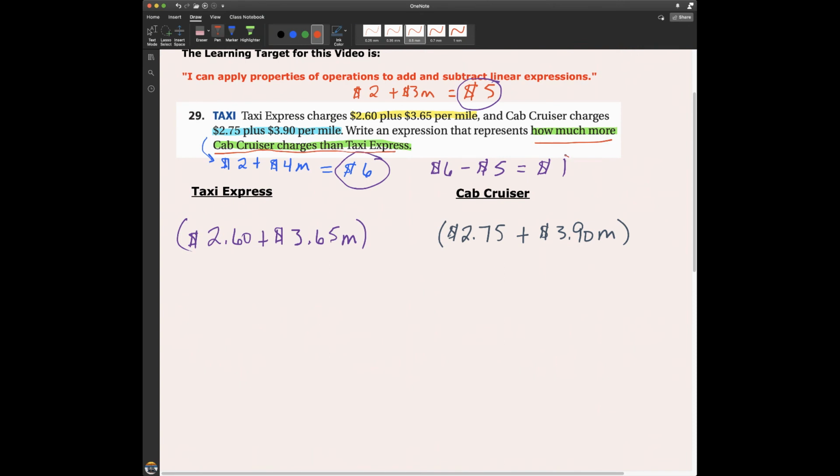So what did we do? In our simpler problem, we set up a subtraction problem to give us the answer. Guess what we're going to do here, ladies and gentlemen? We're going to do the same thing. We're going to set up a subtraction problem.